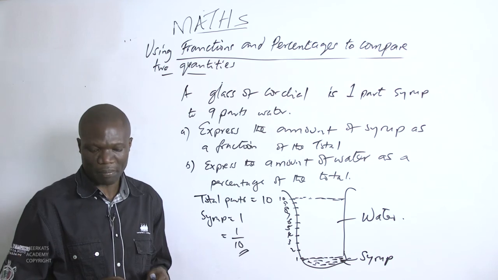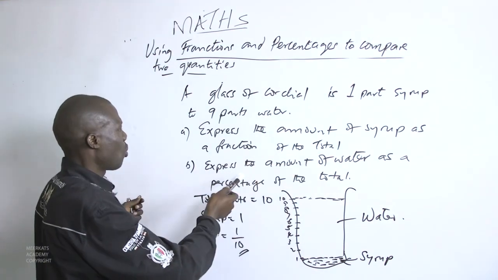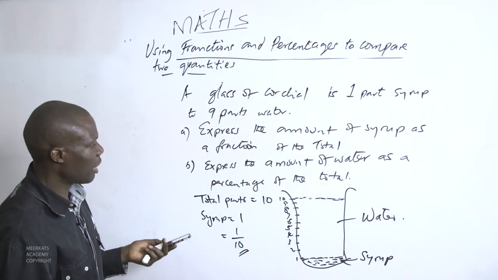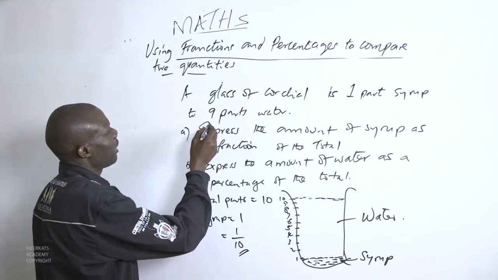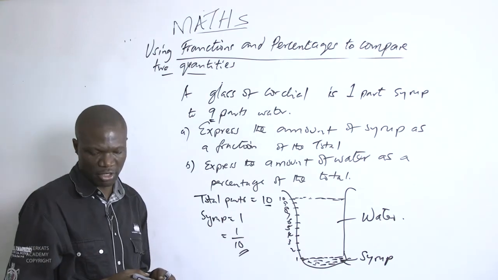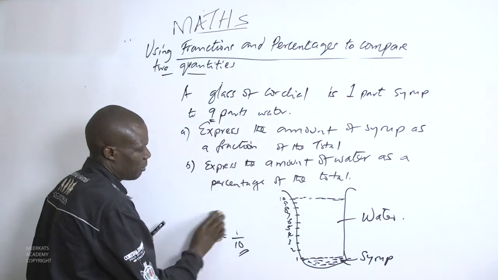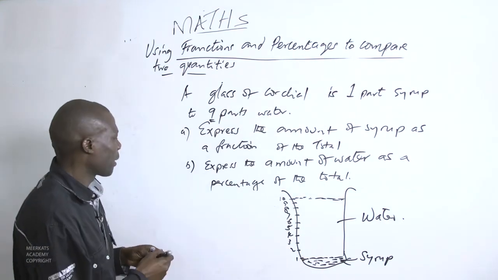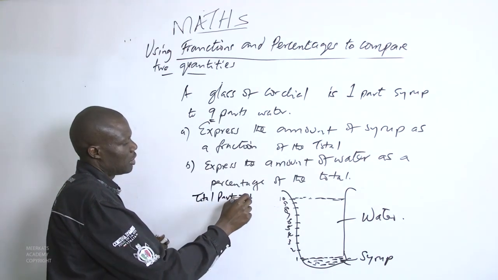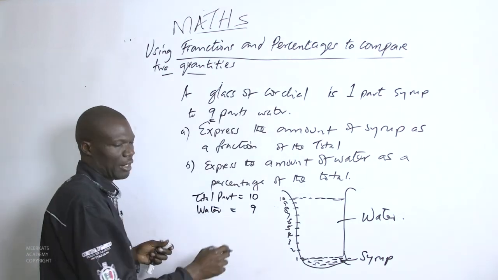For the second part, a percentage, we want to express the amount of water as a percentage of the total. Now, the amount of water is occupying 9 parts. Total parts that we have are 10. So this one is very simple. We need to approach it from the point that total parts is 10, water takes 9.